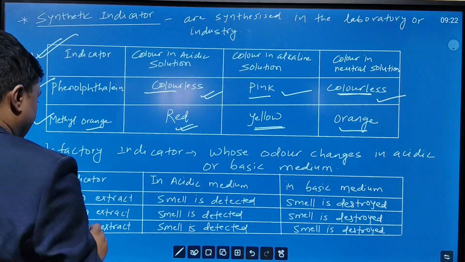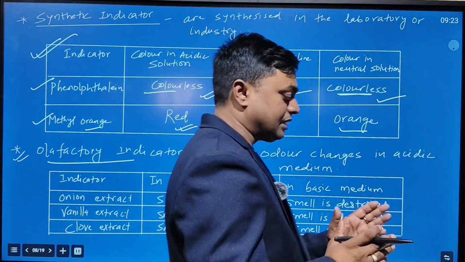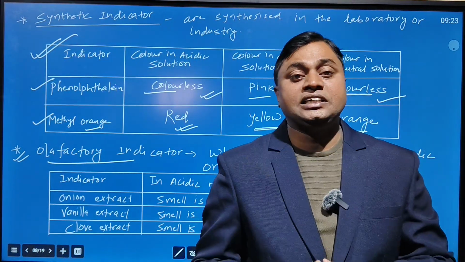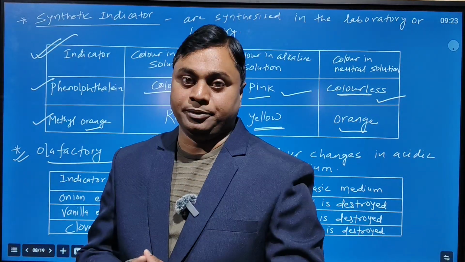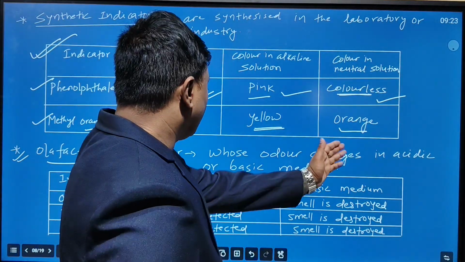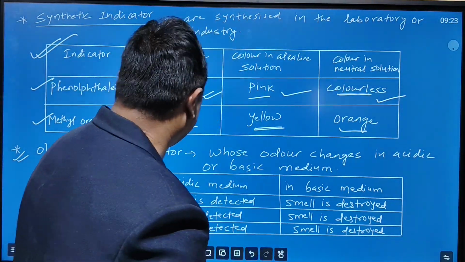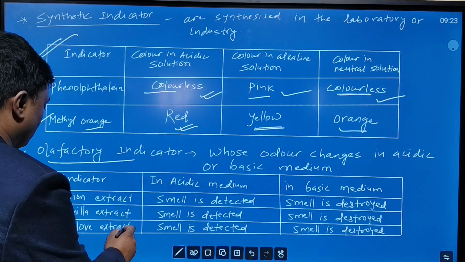Next, we talk about olfactory indicators. There are certain indicators whose smell or odor changes in acidic or basic medium. They are called olfactory indicators. We have onion extract, vanilla extract, and clove extract.